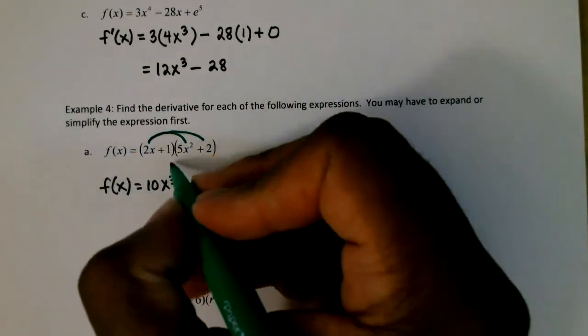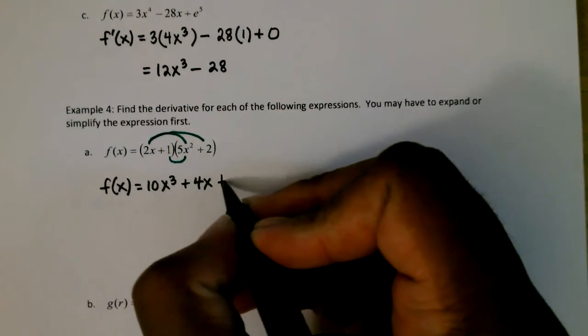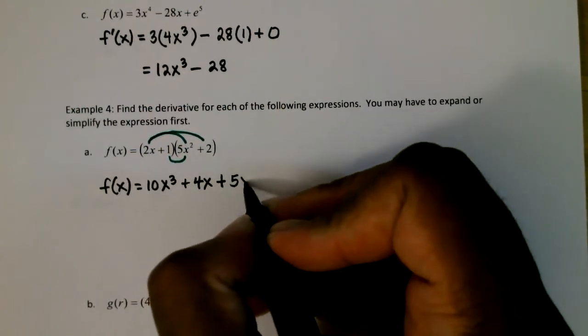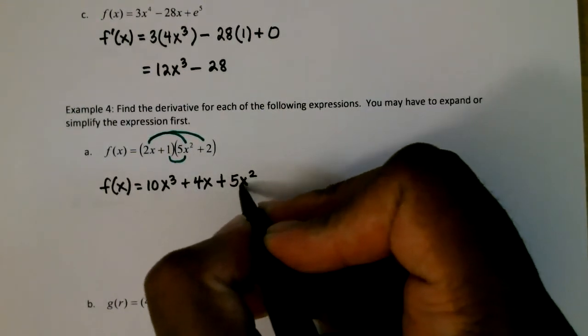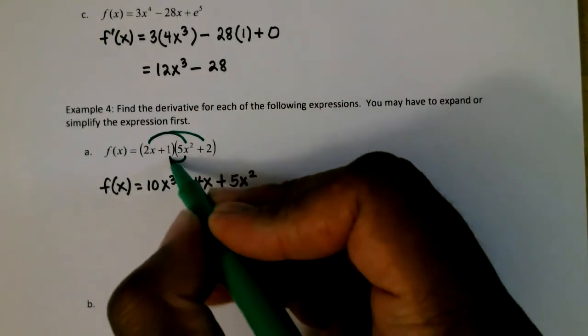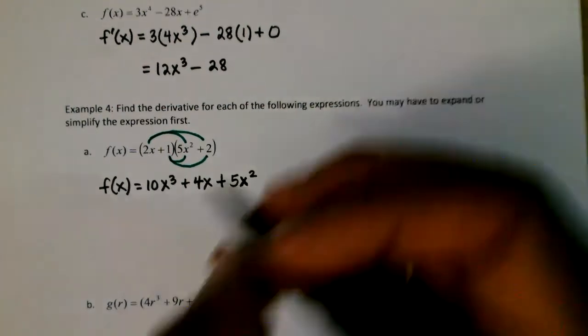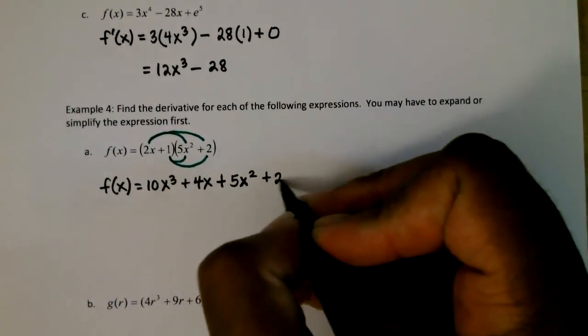The inner, 1 times 5x squared, will be a plus 5x squared. And then finally, 1 times 2, the last term times the last term, 1 times 2 would be plus 2.